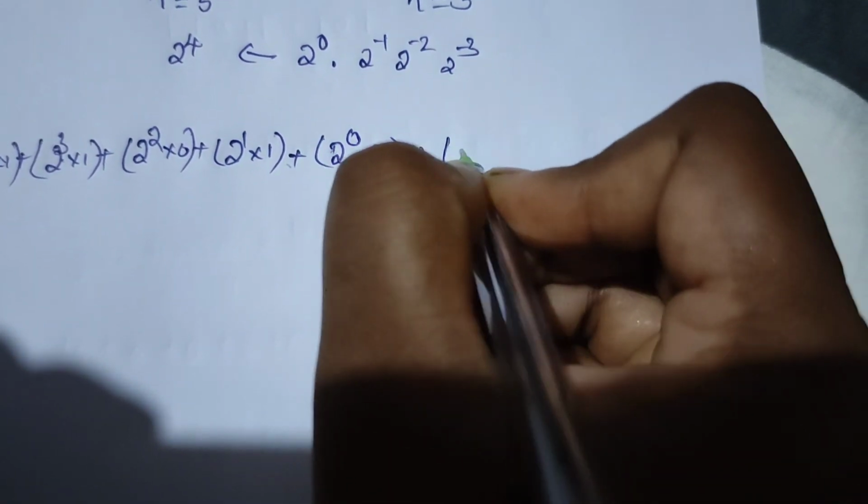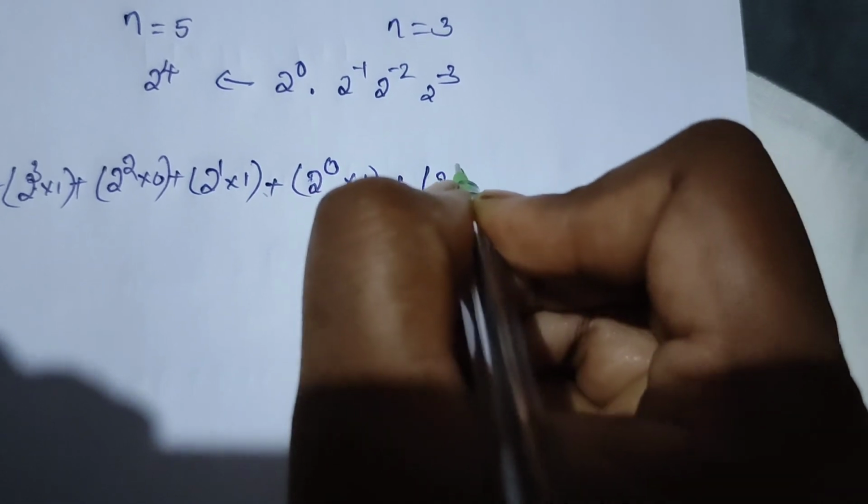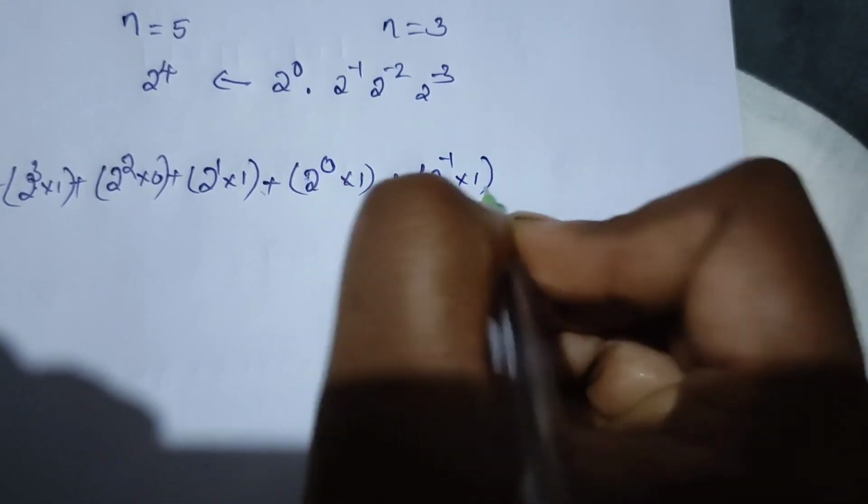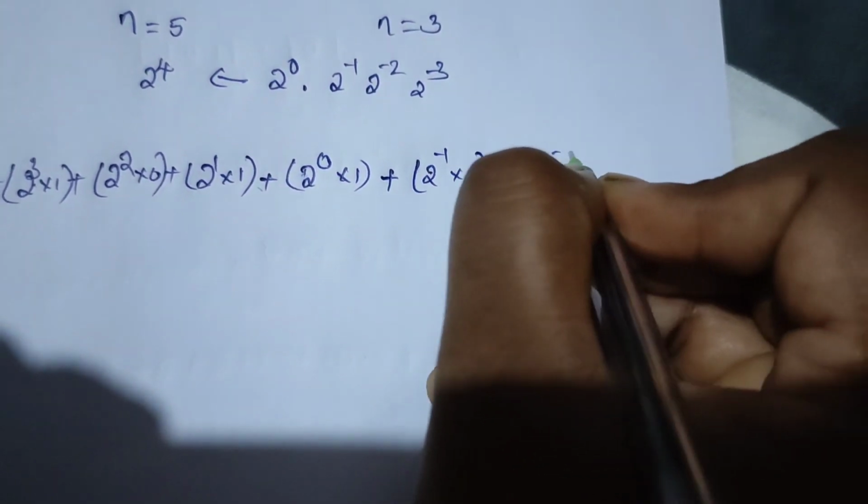Now multiply negative powers of 2 with the fractional part bits.